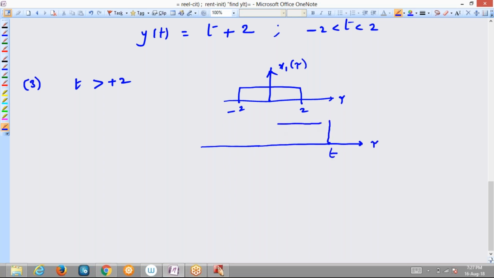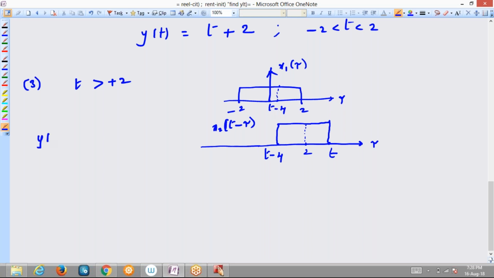So we can consider the plot like this: t minus 4, so 2 should be somewhere here. So let us take t minus 4 on this signal at this instant.